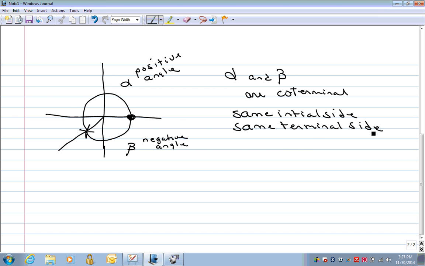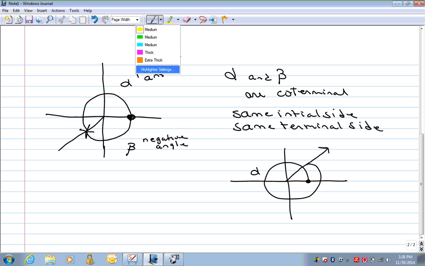Now I want to give you just a little bit of a sneak peek here, because our circle we can rotate over and over again. So if I initially start here and I rotate all the way around to here, that would be a positive angle, and we'll call that one alpha. If I start right here and I rotate, let's change colors to make it a little bit more obvious.